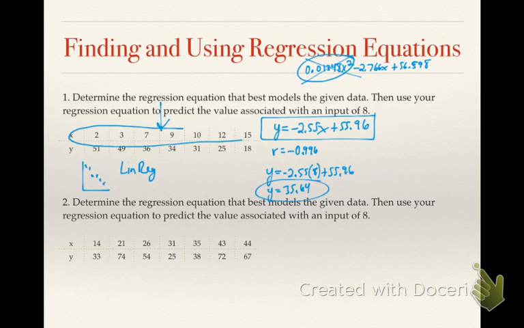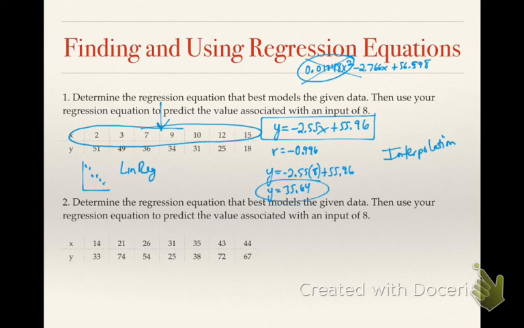It's within the domain, the range of values in the domain in the table. This is something that's called interpolation. That occurs when you're finding results of a value within the given range of the given data that you use to find your equation.